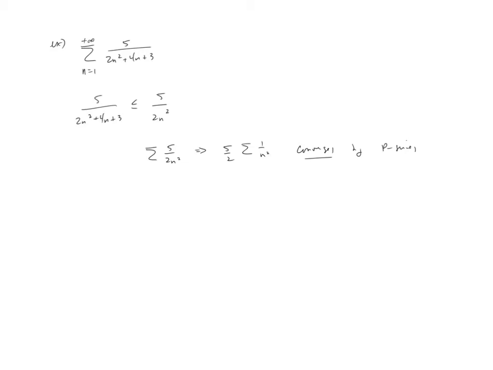Now, let's look at our inequality. This guy's the big one, right? If the big one converges, then of course this one also has to converge. So in summary, the original 5 over 2n squared plus 4n plus 3 converges by comparison.